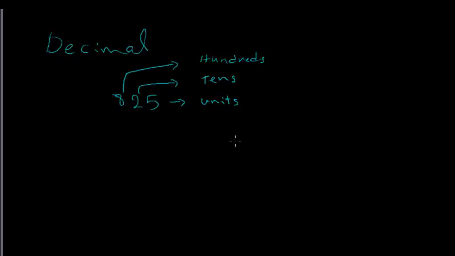As you have noticed, as we move left, each position is 10 times bigger, from units to tens to hundreds. As we move right, each position is 10 times smaller, from hundreds to tens. But what if we continue going to the right until we pass units?